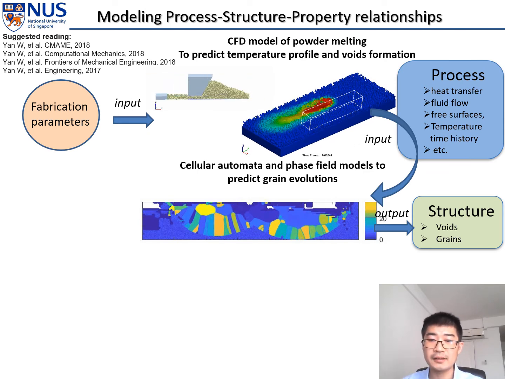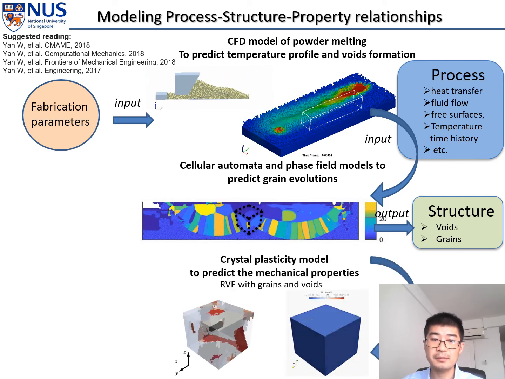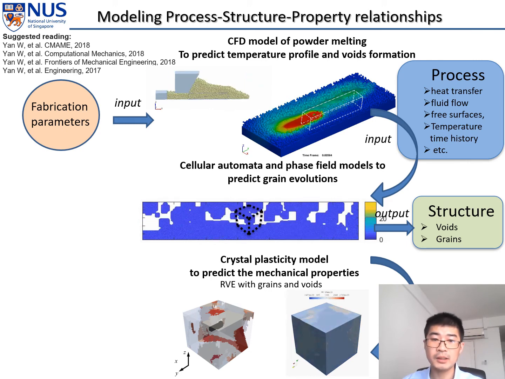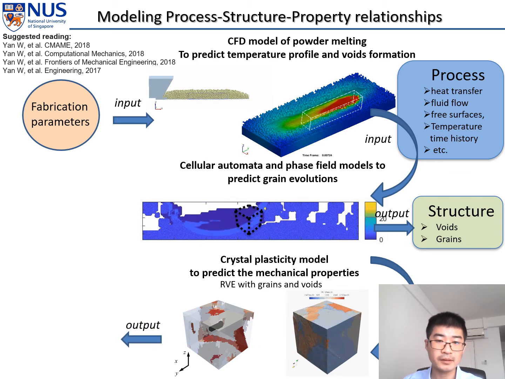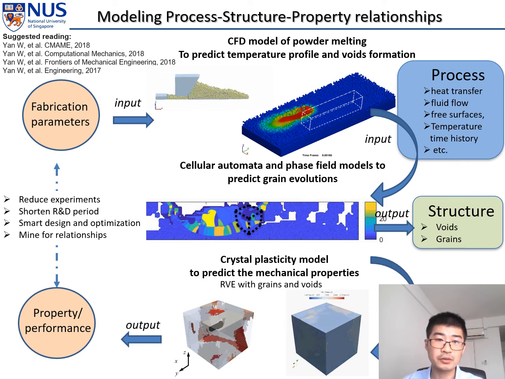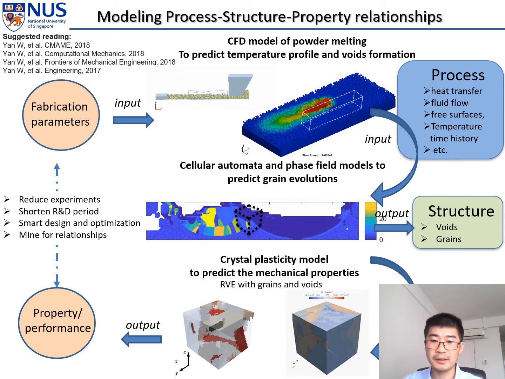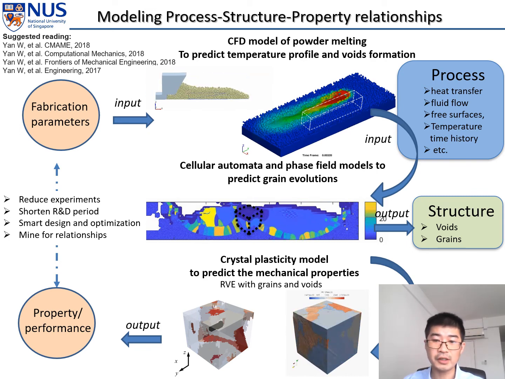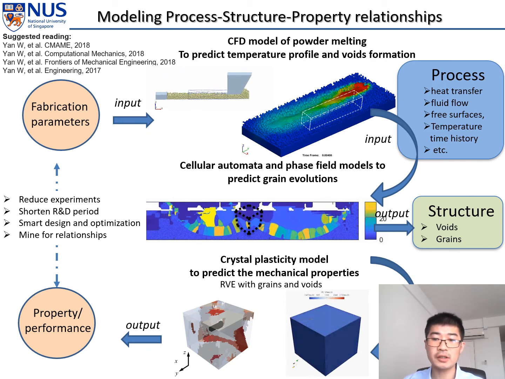With that, we can get the structure information including voids and grains, and this can be input into the crystal plasticity model to predict the mechanical properties. And with this, we seamlessly link these models together to replace most of the physical experiments, and we can shorten the R&D period.